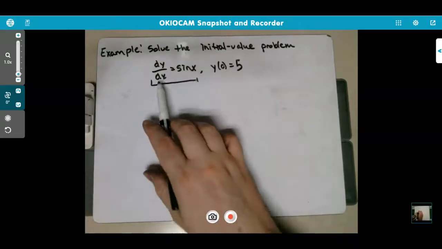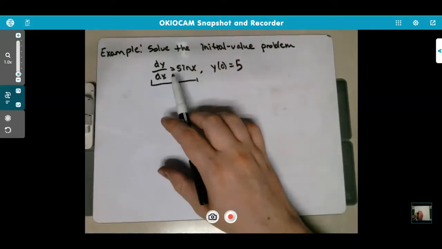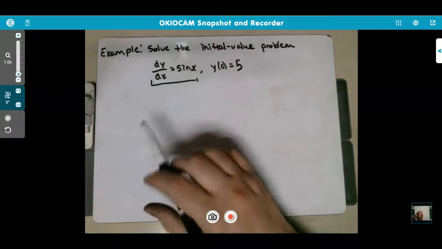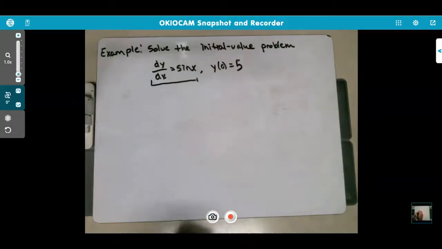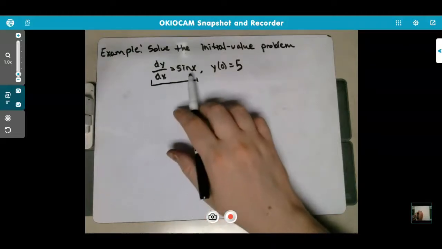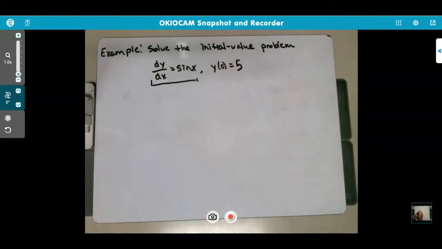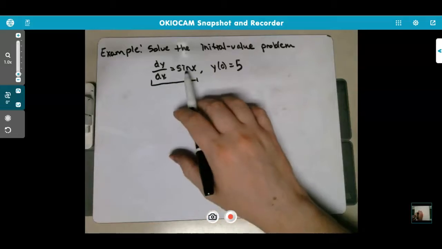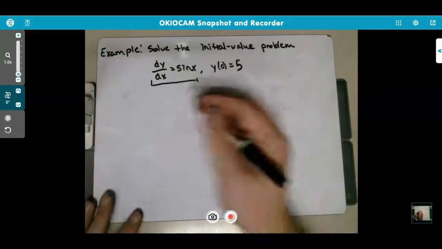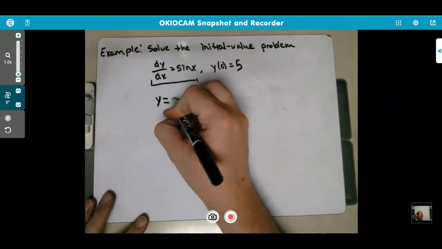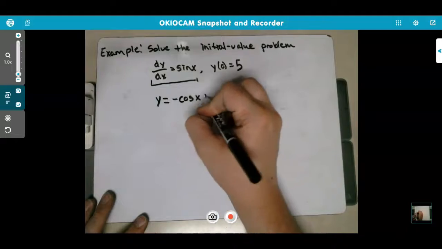What this says is the derivative of y is equal to sine of x. So I need to solve this for y. Okay? So what I really want to know is what function's derivative gives us sine. Well, like we've said a bunch of times, that would be negative cosine, because the derivative of cosine is negative sine. But I have positive sine, which means y is going to be equal to negative cosine of x plus c.